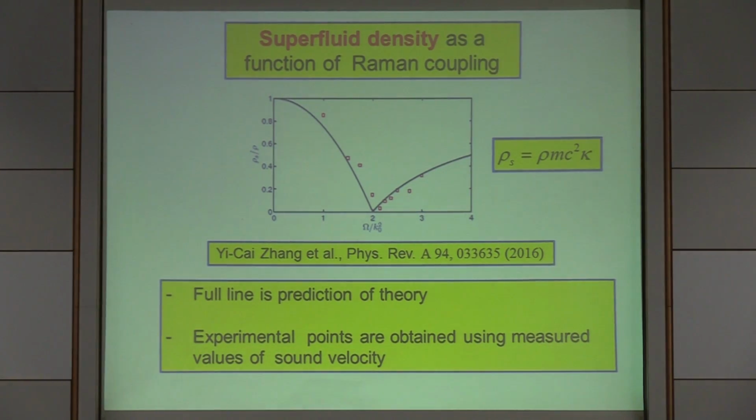And the results are given here, and they show effectively that at the phase transition between the plane wave and the single momentum phase, the superfluid density is dramatically quenched and suppressed with respect to the total density of the system.